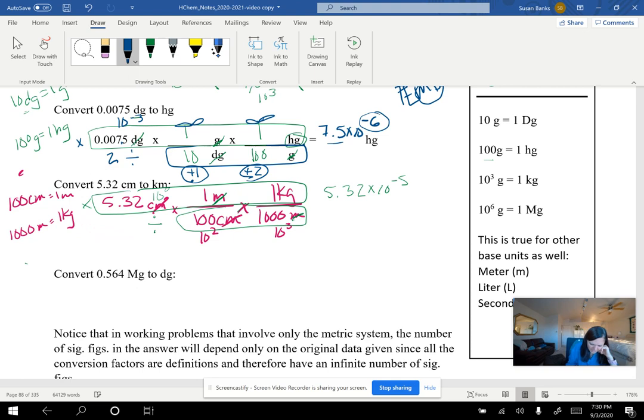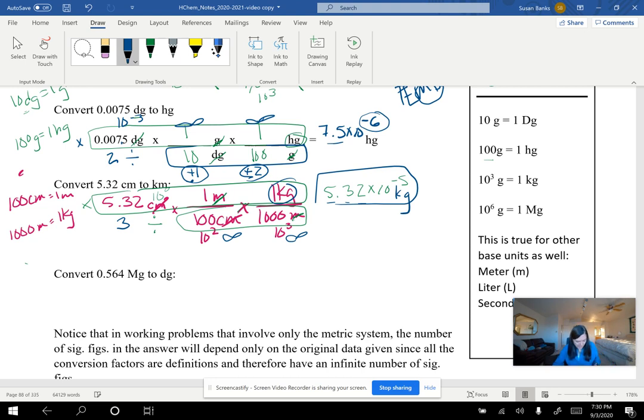I've got 3 sig figs here. This is a definition on our next step, so that's infinite. And this also is a definition, so it's infinite. So 3 sig figs and my power of 10. Oop. You know what I forgot to do? I forgot to put my unit here. I need to put my unit.